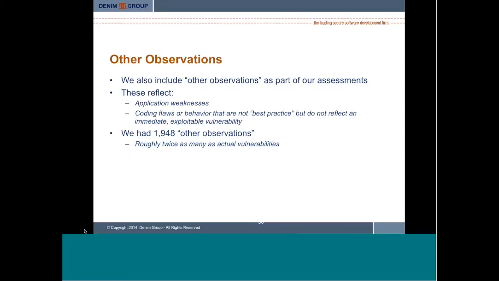But they're not things where you would say, hey, this is a vulnerability you need to address right now. The interesting thing was, we had 1,948 other observations, and that's roughly twice as many as the actual vulnerabilities we identified, if you just look at a raw vulnerability count.